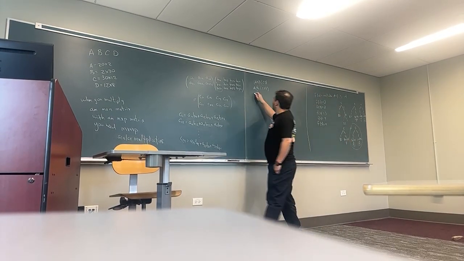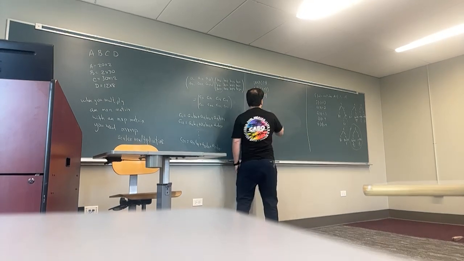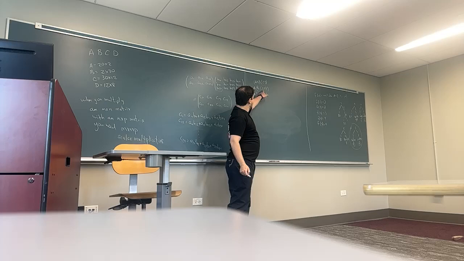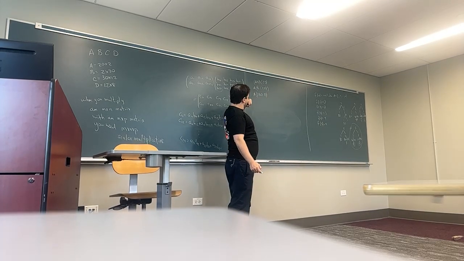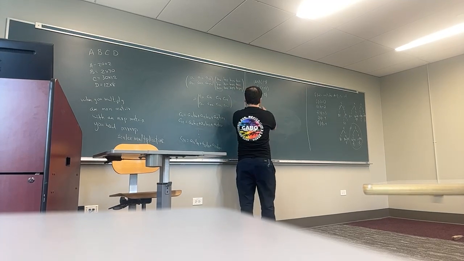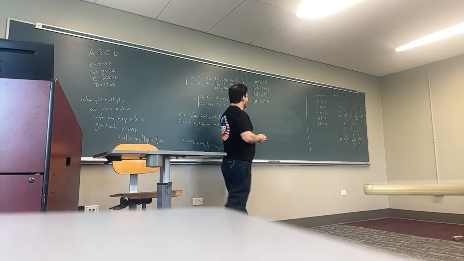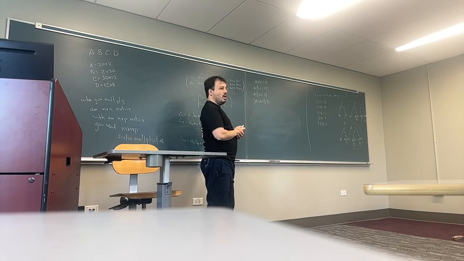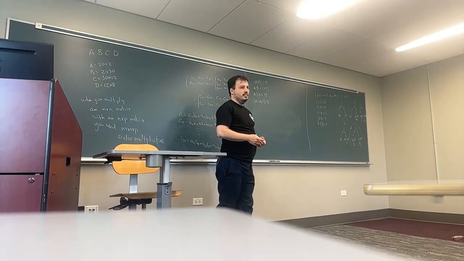I guess we could do this. So here you do CD first, and then multiply by B. Maybe you could do. Yeah, we could also do this. So as you can see, there's a bunch of ways you could do it.